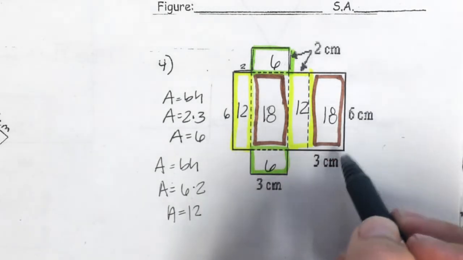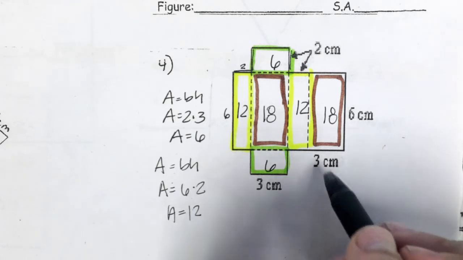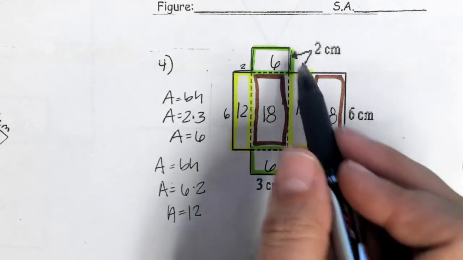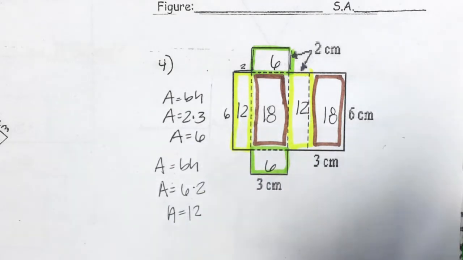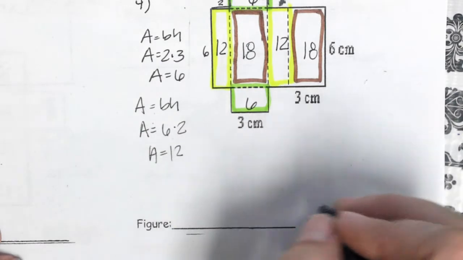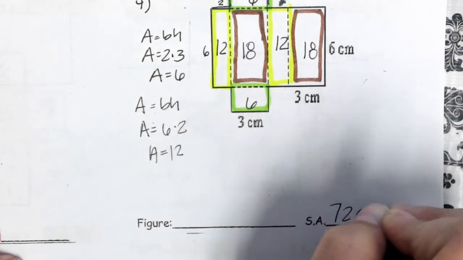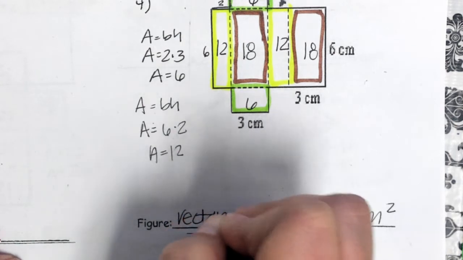Because this side is 6 and the bottom is 3. 6 times 3. And if this is 2, this is 2. So what do we get when we add all those together? 72 centimeters squared. And we did say this was a rectangular prism.